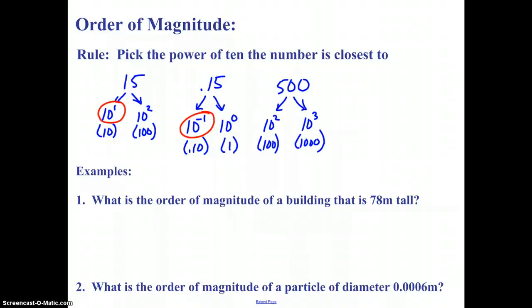Let's double check that. The difference between 500 and 100 is 400. The difference between 500 and 1,000 is 500. Aha. 500 is actually closer to 10 to the second than it is 10 to the third. So 500's order of magnitude would be 10 to the 2 or just 2.